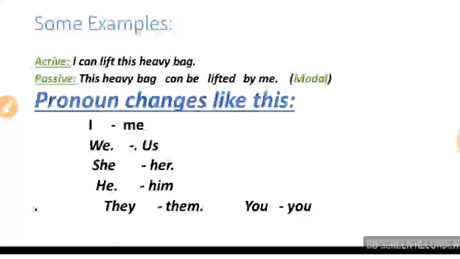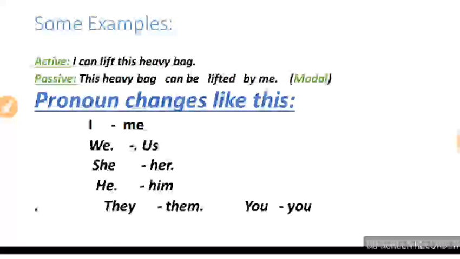I can lift this heavy bag. Passive. First step, this heavy bag. The modal can will be followed by the word be. Now the third step, the past participle form of the main verb lifted, and the last step, by me.